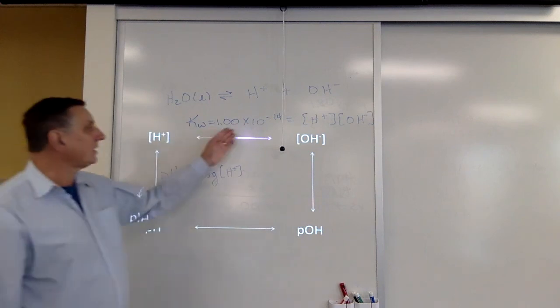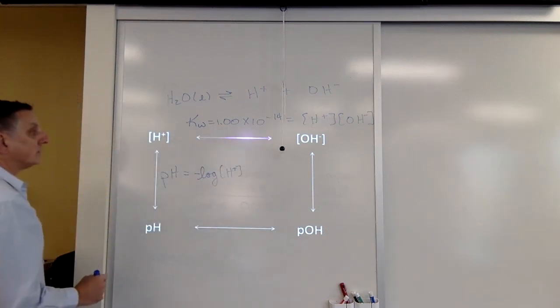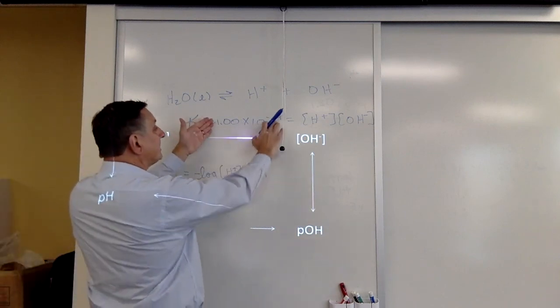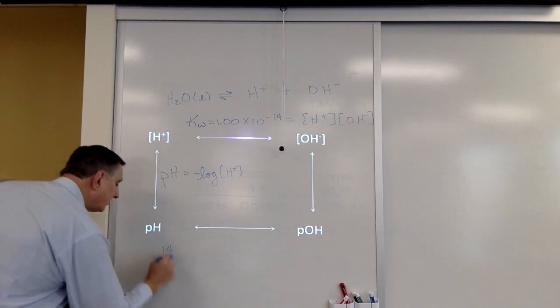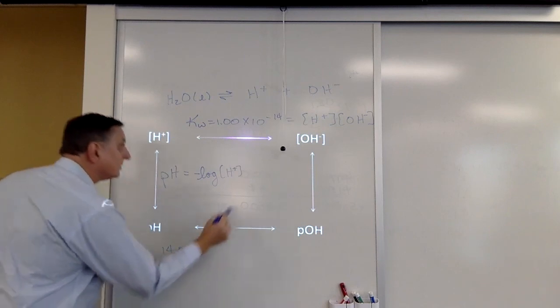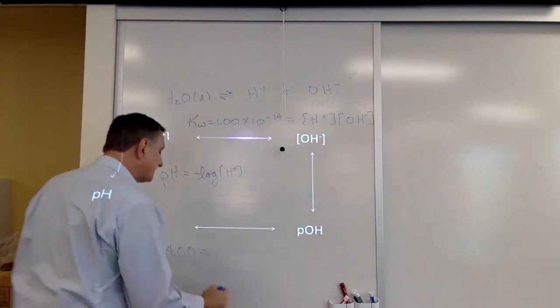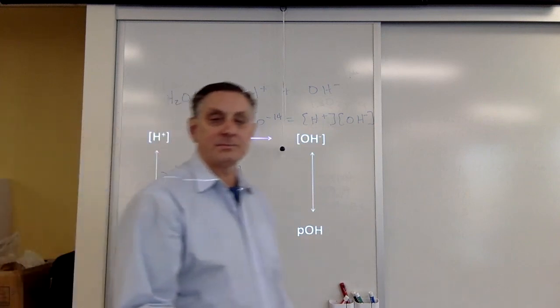If I take the negative log of this whole equation, negative log of 1 times 10 to the minus 14, the log of this number is minus 14. Change the sign. 14.00 is equal to negative log of this and plus negative log of that. So I can convert between those 2.